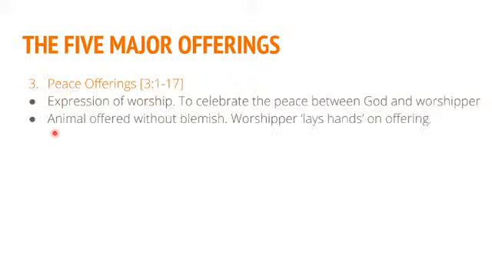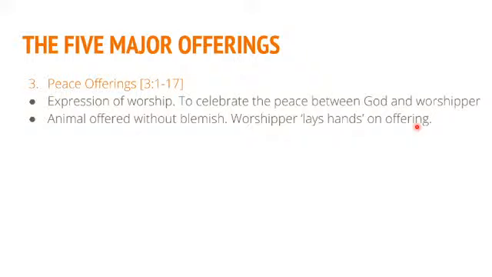So the animal, again, they would offer animals for this peace offering, had to be offered without blemish or without fault. Again, the worshipper would lay hands on the offering, symbolizing their identification with this offering that they are now giving up to God.